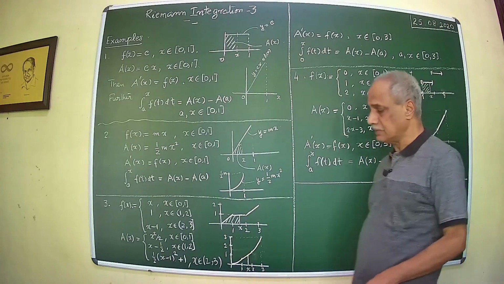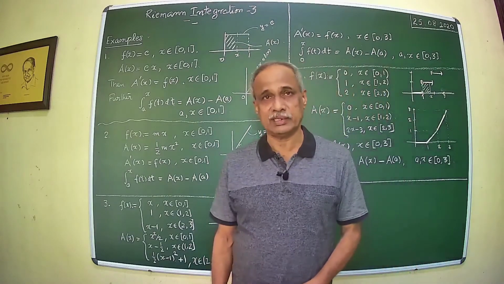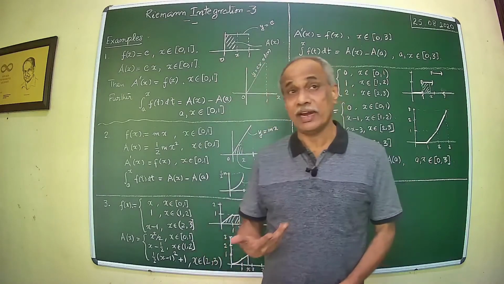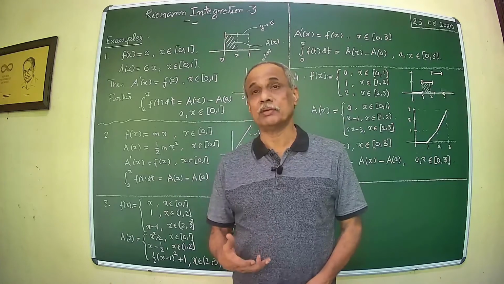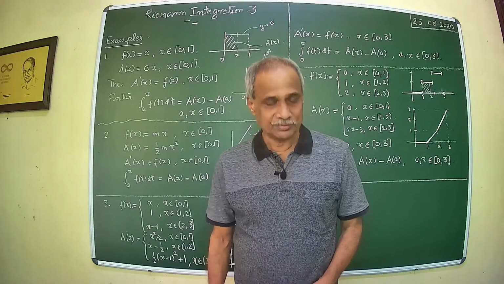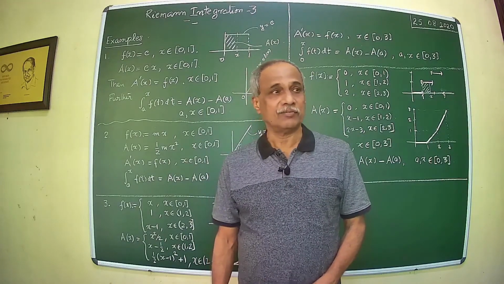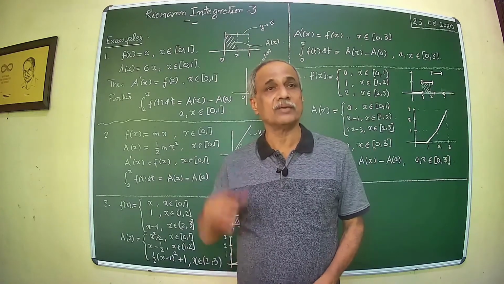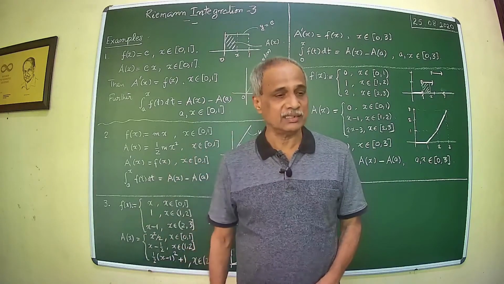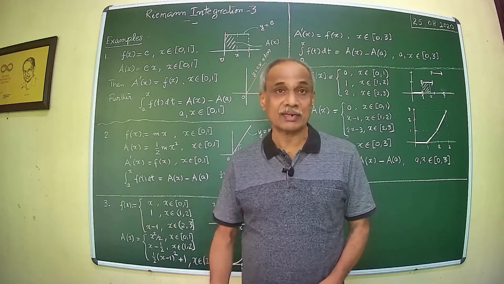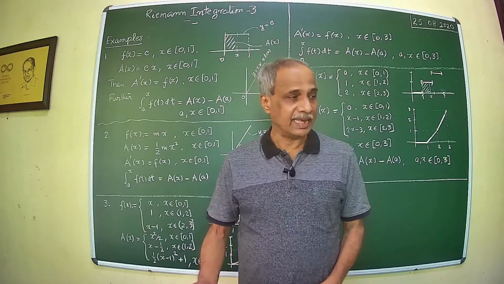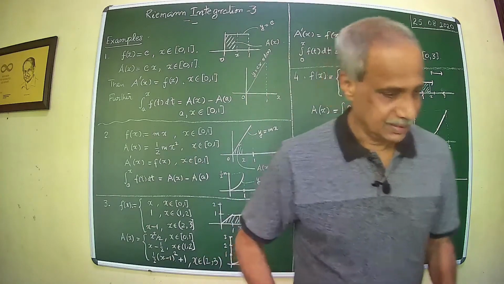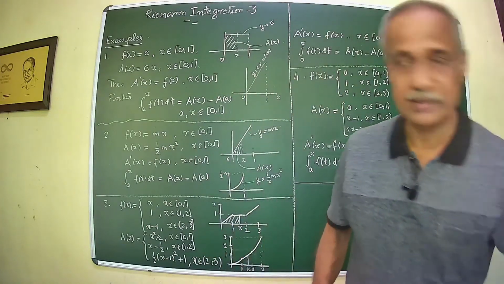In all these cases we have computed the area function and then verified that it is actually the primitive of the f, in the sense that the area function A differentiated will give you the original function that you started with, wherever the function A is differentiable. This is a summary of what we did last time.